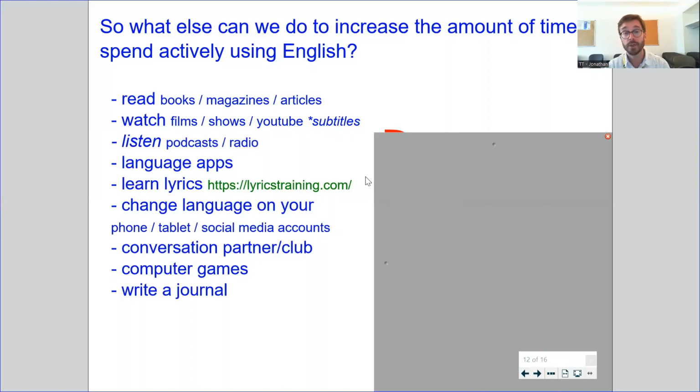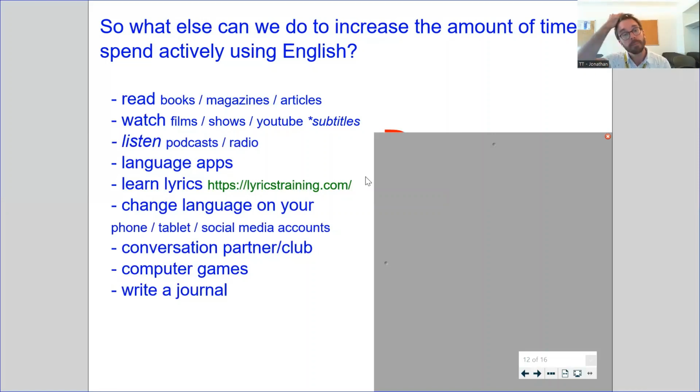Other things people enjoy doing, conversation partner or a club that you can join if there is one in your town. Computer games can be good, but obviously, you don't want to just learn English about how to kill people or how to shout at people or how to be in the military or car racing. So there's a limit to how useful some of the language is, but good practice.